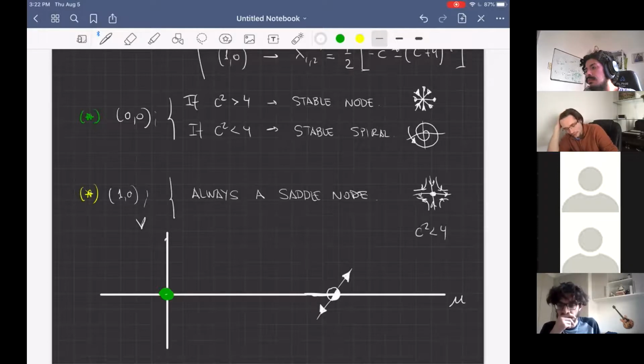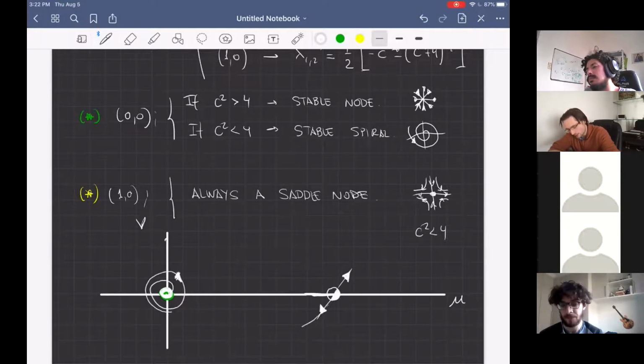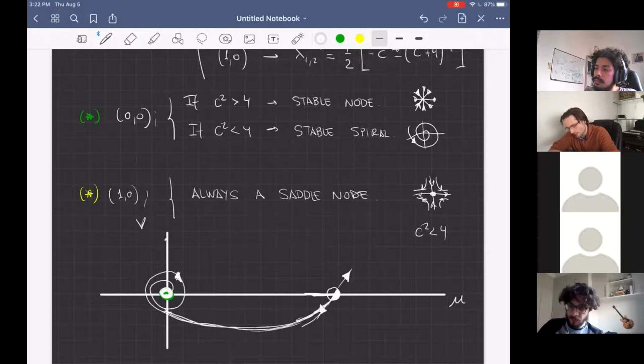So basically here I have a stable spiral, which means that wherever it starts, my solutions close to the fixed point are going to be something like this. Not the prettiest spiral you've seen, but it works. Okay, and eventually you guys can plot the phase portrait with the Mathematica notebook I gave you. But basically, what we have are trajectories that would do something like this.